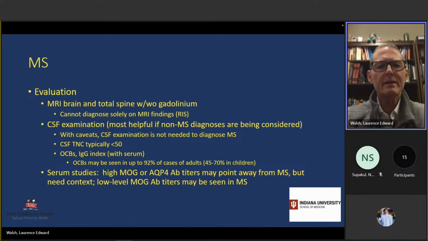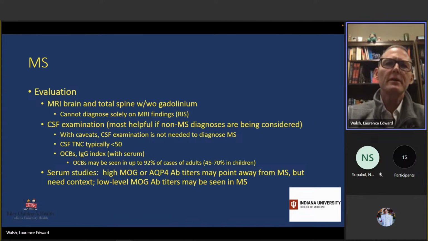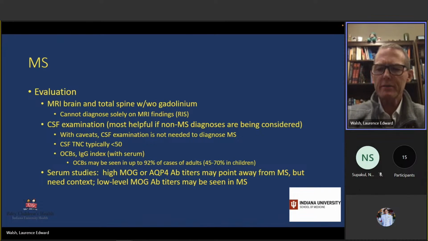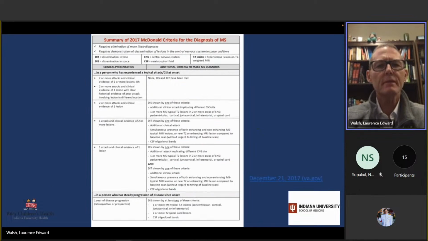So I would, again, when you're trying to interpret report films or images, and you're getting this clinical information, question those sorts of things if you're trying to get context. These are the McDonald criteria.